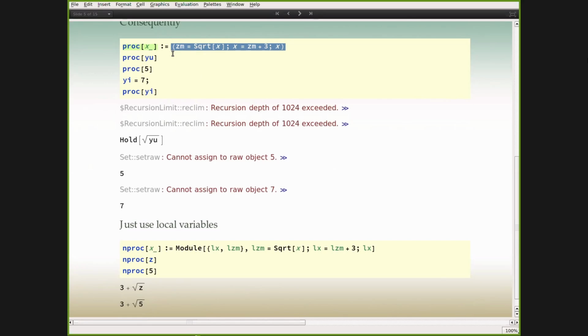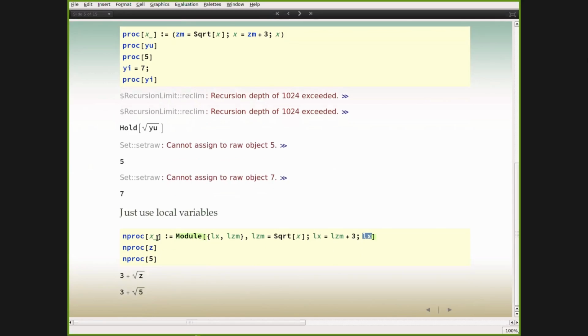When you have such a case, to obtain the function which will do what you want, you have to use local variables. So we have here the local x and local zm, and now we are substituting this value to this local zm. Then we use the local x, which is just an x symbol, and then we return that local x we have computed.